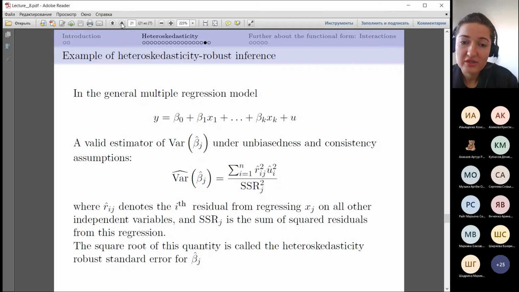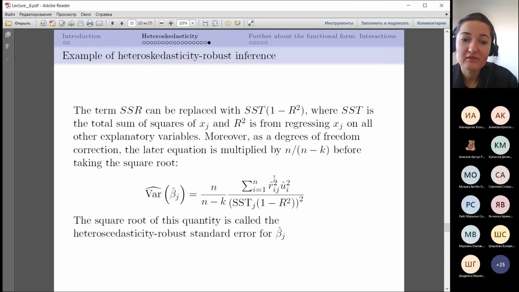Sometimes in some packages, the degrees of freedom could be used as a correction to this formula. So here you can add the degrees of freedom, and also you can rewrite the sum of squared residuals as the total sum of squares and the R squared indicator.